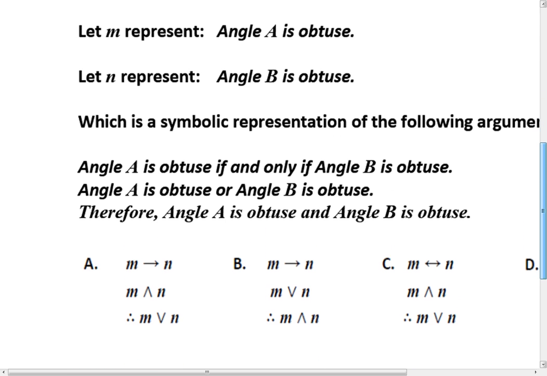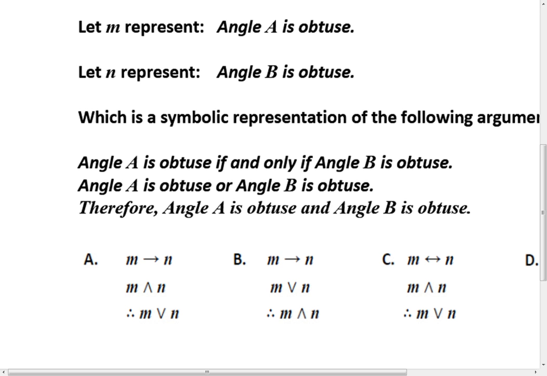Another translation problem. We have an if and only if statement. We have an or statement. Then we have therefore, and we have an and situation. What's the symbol for if and only if? Arrow symbol. What's the symbol for or?